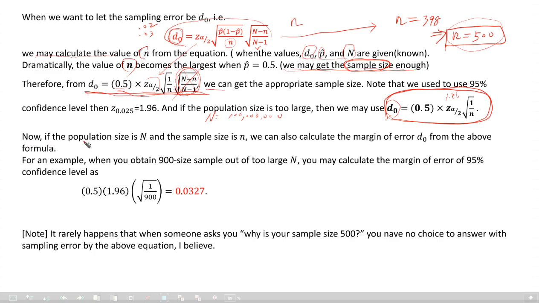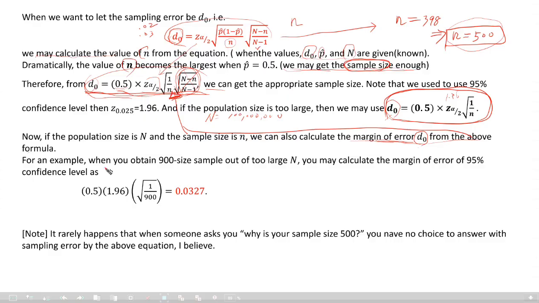Now, if the population size is capital N and the sample size is small n, we can also calculate the margin of error D0 from this equation. Capital N is, say, 10,000, and your sample size is 500. Then with the z value 1.96, D0 can be calculated from the above formula.